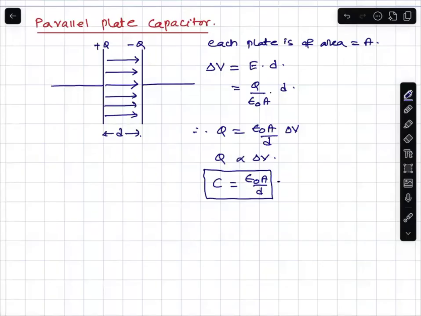Remember, this is the expression for the capacitance of a parallel plate capacitor with air as the separation between the plates. I am not touching anything beyond this at this point of time. This is what I wish to introduce, because a class or two down the line, during dielectrics, I will discuss different varieties.